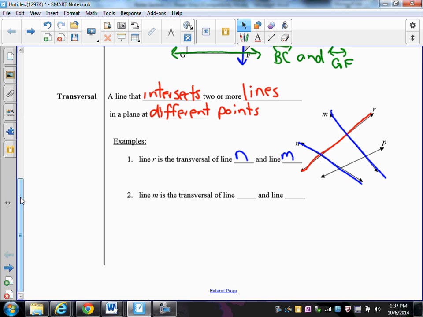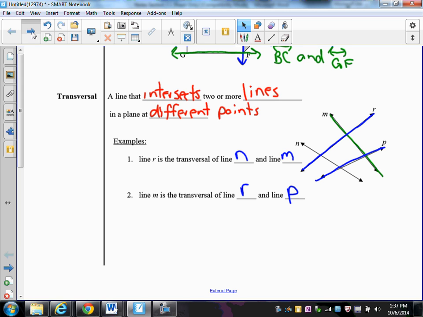So let's erase this and let's take a look at line M. Again, we're going to do line M, this time in green. So line M is the transversal. That means it intersects lines R and P. So again, it's the lines that intersect.